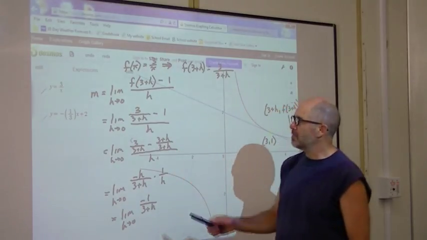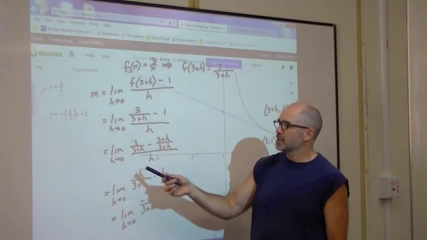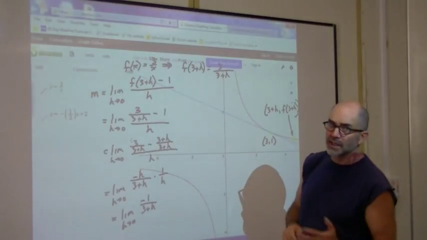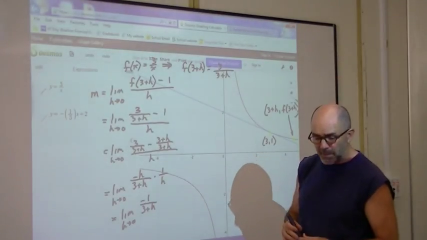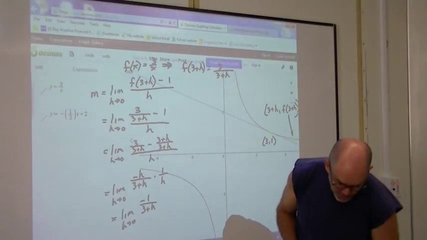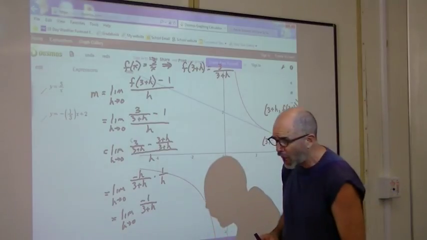Now, you might be tempted to say, oh, let's not bother with this limit as h approaches 0 and just fix the fraction and then we'll figure out the limit. Do you think that would be a good idea? No, of course not.